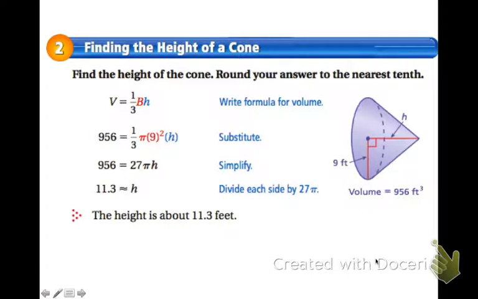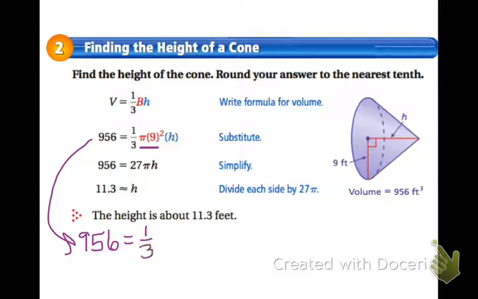Finding the height is similar to how we found the height in a cylinder. You'll write the formula, we'll substitute in what we know. And again, right here at this step, when you take 9 squared, let me go down here again. So 956 is equal to 1/3 pi times 81 times the height.